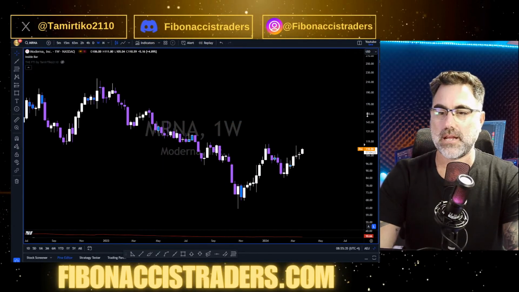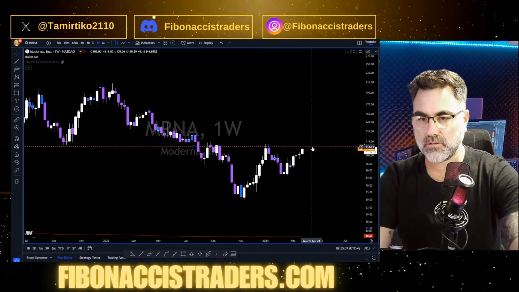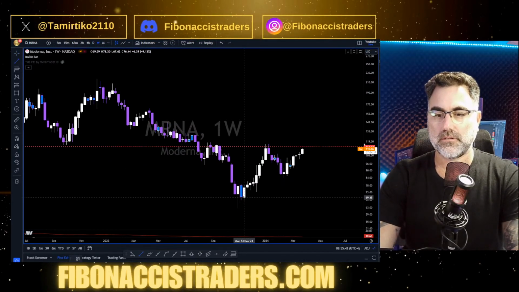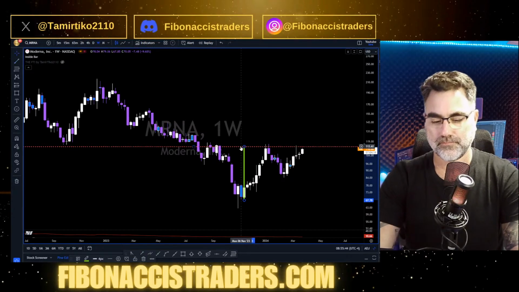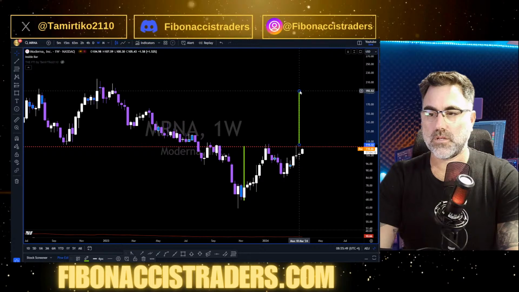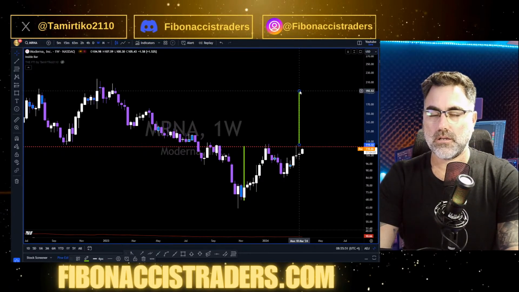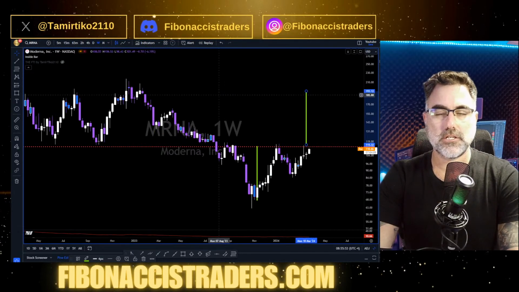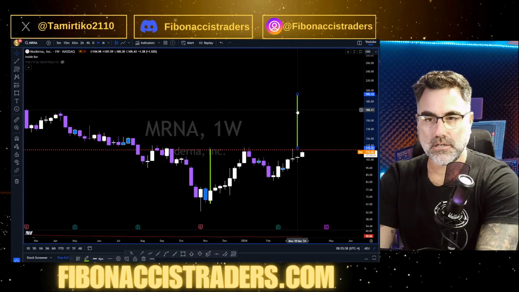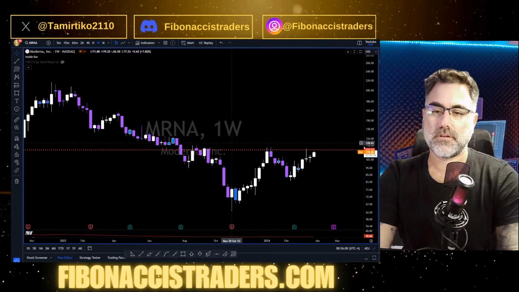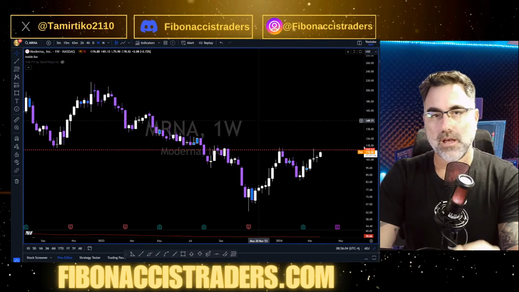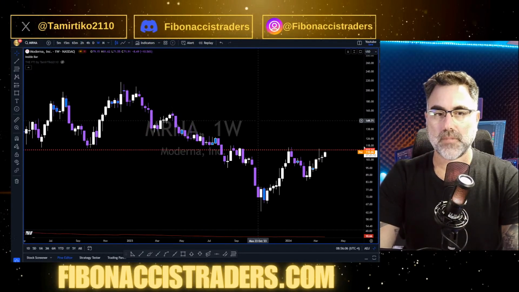Everybody teaches us cup and handle. If this one breaks to the upside, then price will go from the dip of the cup to the upside, so it means Moderna should reach 193. Just imagine that these kinds of patterns, same as the head and shoulders, worked 30% of the time.